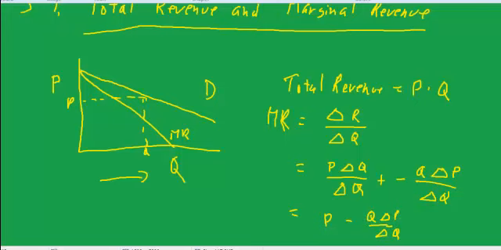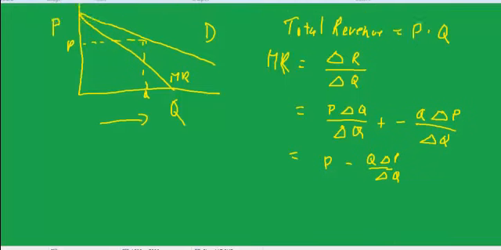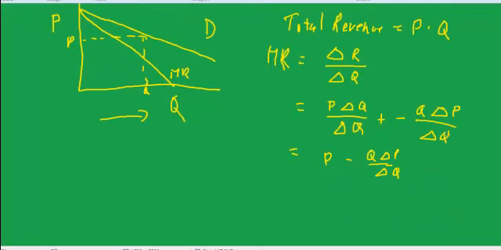One thing you probably wouldn't notice, but I'll point out, is that this delta P over delta Q is a lot like 1 over the price elasticity of demand. So it's sort of inversely related to the elasticity of demand.